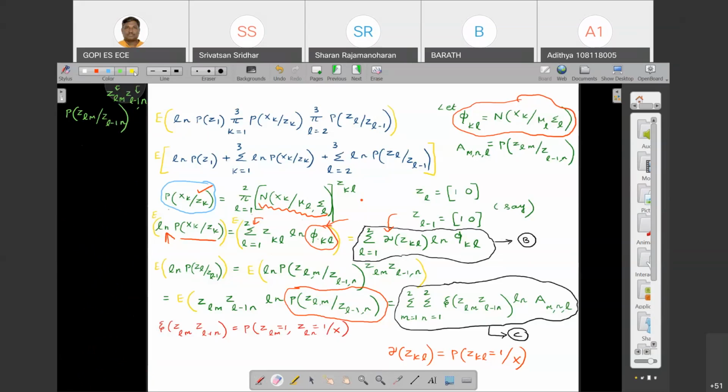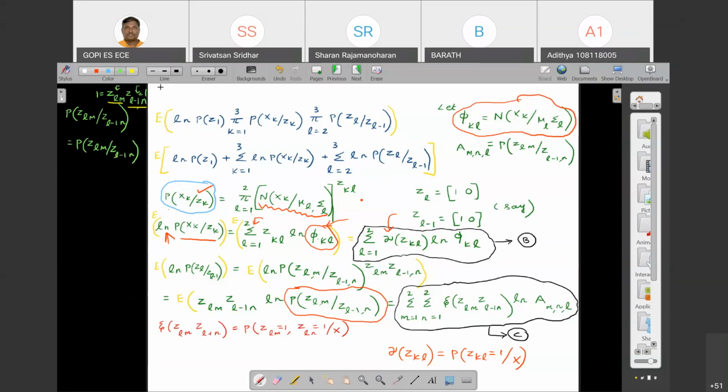That is what the idea is. The idea is when this value is 1 as well as this value is 1, then only it will end up with this probability itself. This probability is what? z_LM given z_L-1,n, right? So when the value of this one is equal to 1 and this value is also equal to 1, what will happen in that case?